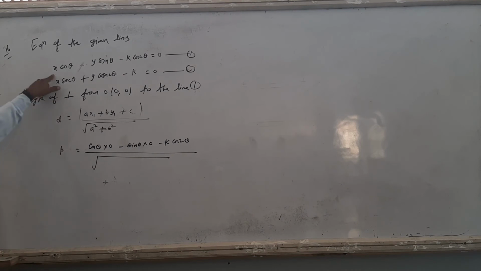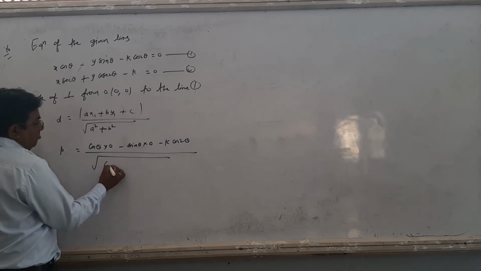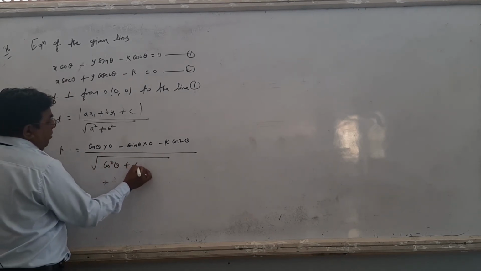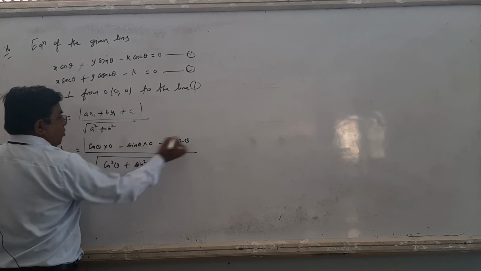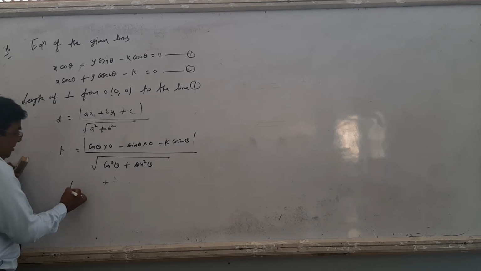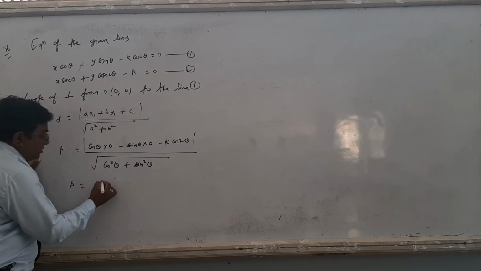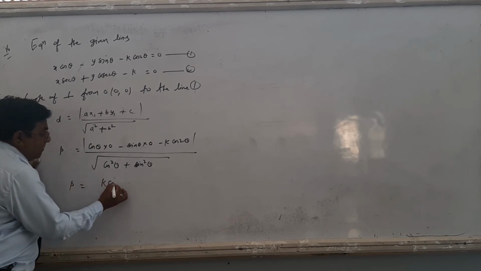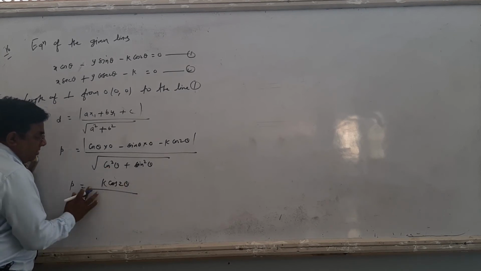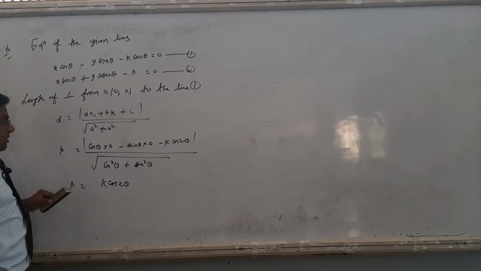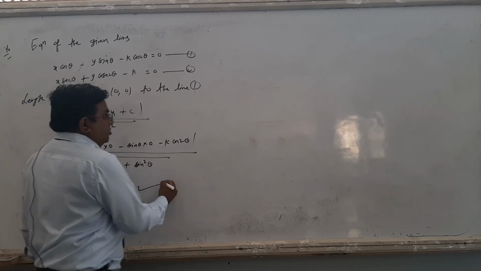What is a? a is the coefficient of x, that means cos theta, and b is the coefficient of y, that means sin theta. So this is whole mod. Now first term 0, second term 0, p equals k cos 2 theta, in mod negative is positive, and upon cos square plus sin square is 1, so p equals k cos 2 theta.